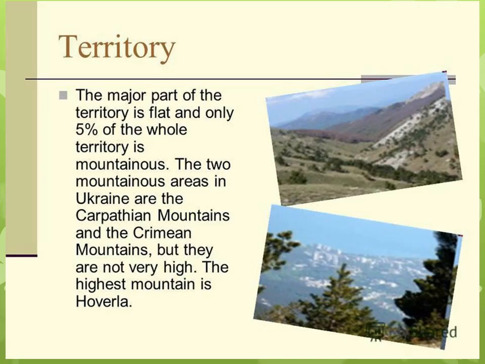Territory. The major part of the territory is flat and only 5% of the whole territory is mountainous. The two mountainous areas in Ukraine are the Carpathian Mountains and the Crimean Mountains, but they are not very high. The highest mountain is Haverla.